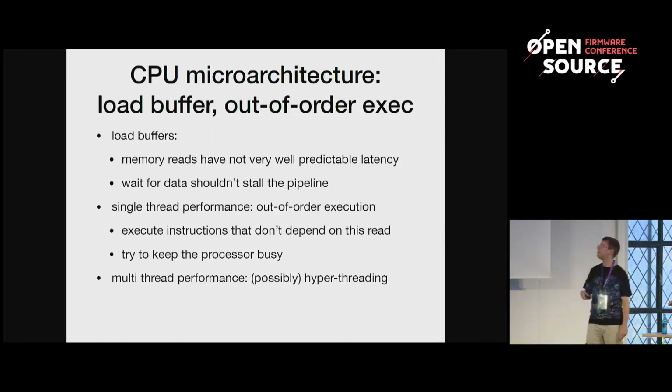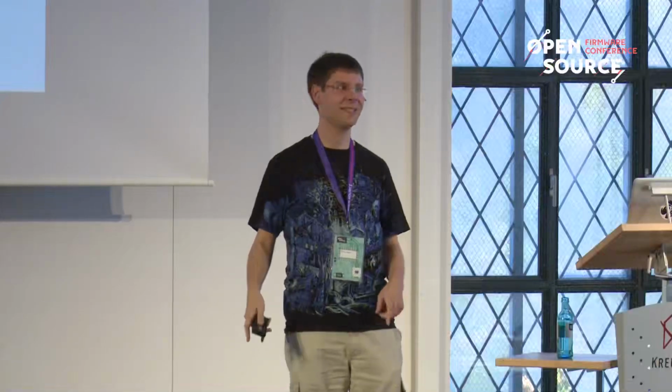So the latency between those accesses can vary very much. But when you read some data, you don't want the pipeline to stall. So memory latency has an impact on how the microarchitectures of the processor are built.